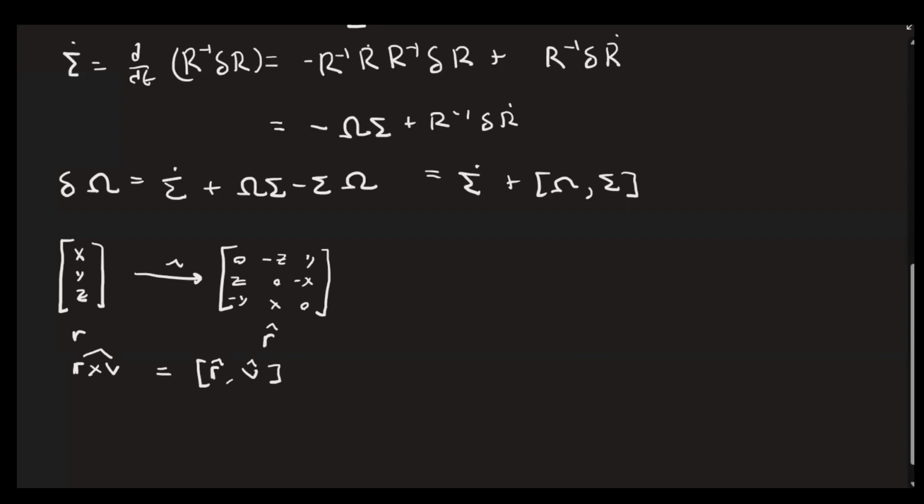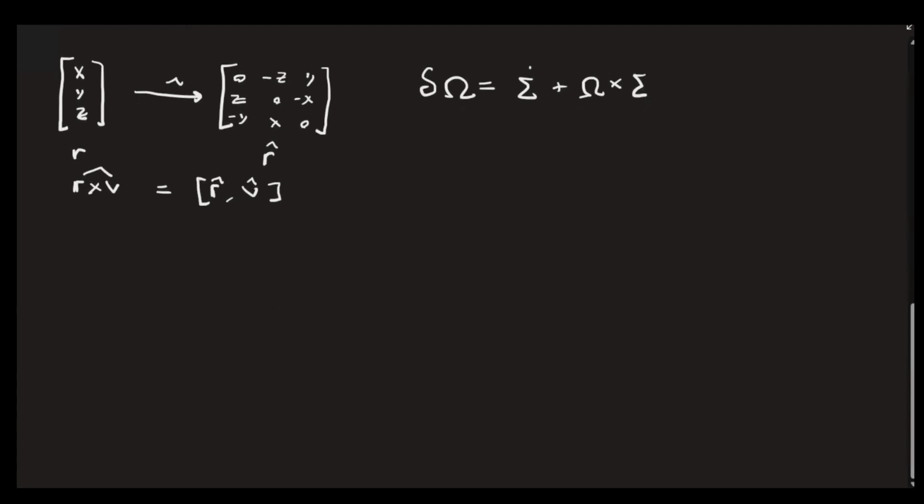Okay, so if we use this and we now want to talk about omega as being a vector in R3, and sigma as well, then we have delta omega equals sigma dot plus omega cross sigma. Okay, awesome. Our action is going to be this, and we're going to vary the action and say that it is 0.